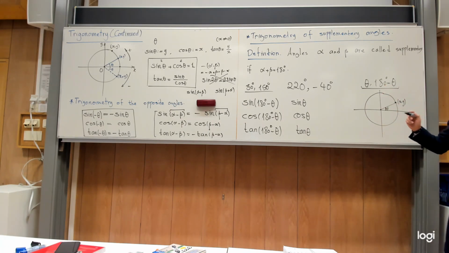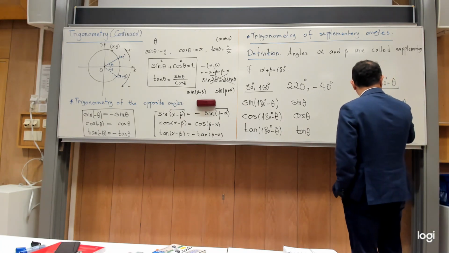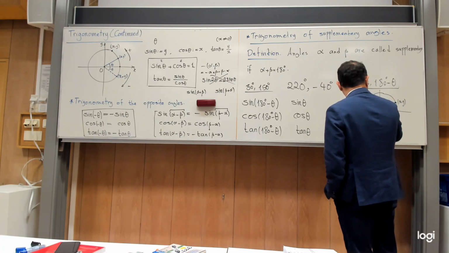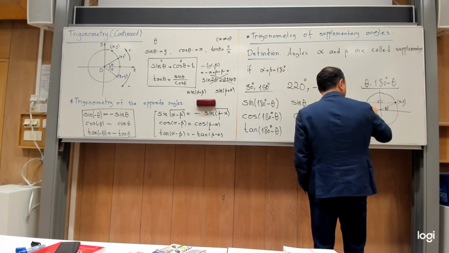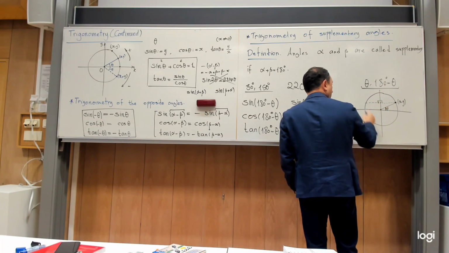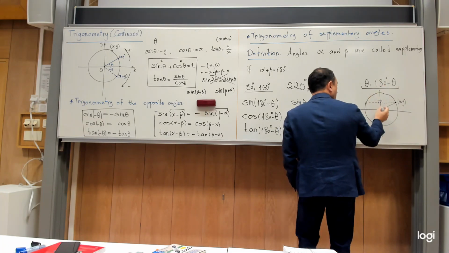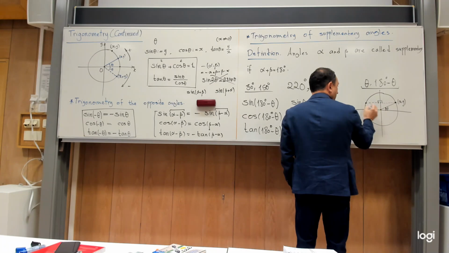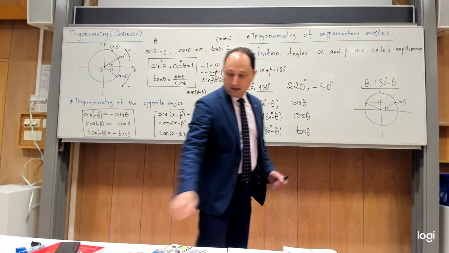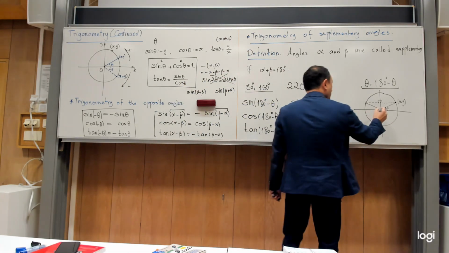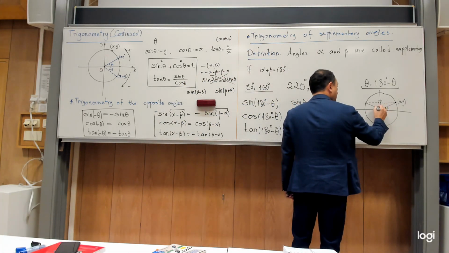Everyone agrees? So if I go here, yes, if this is a reflection of this, assuming that this is your mirror and that is the image, I want you to convince yourself that if I connect these two, then this angle is 180 minus theta.